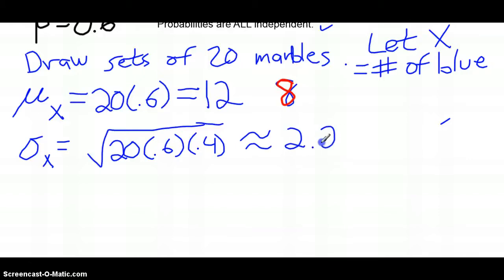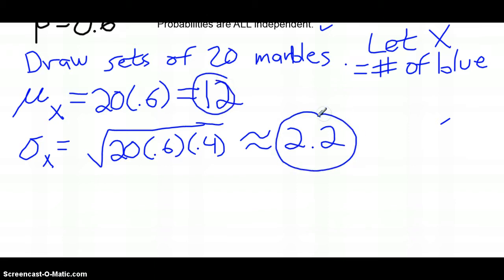I'll say 2.2. So I would expect a mean of 12 and a standard deviation of 2.2, meaning that if X is the number of blue marbles, I would expect X to have a mean of 12 and a standard deviation of 2.2.